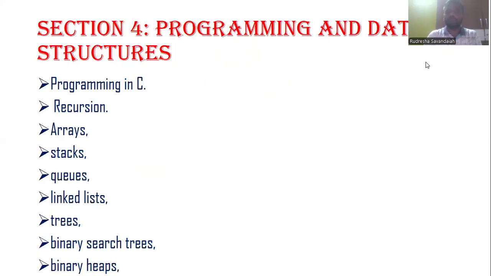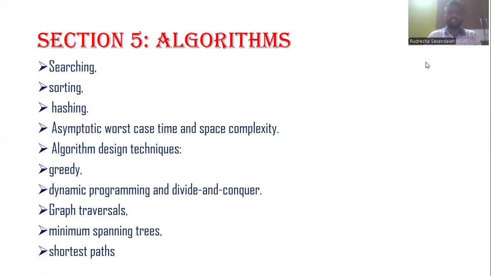Section 4, programming and data structures: programming in C, recursion, arrays, stacks, queues, linked list, trees, binary search trees, binary heaps, graphs. Section 5 is algorithms. In algorithms, first you go for searching, then sorting, hashing.